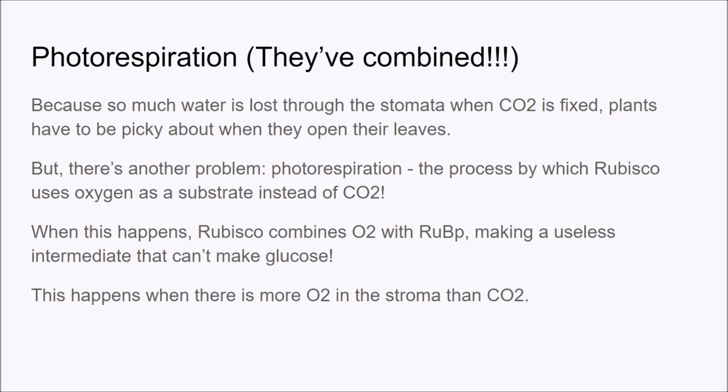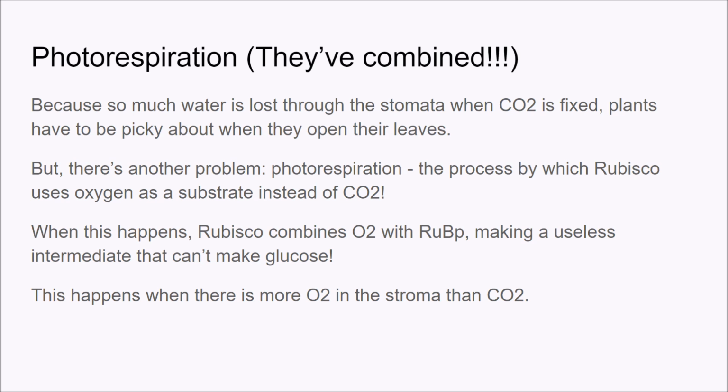Now, why would this happen? This happens because there's not enough CO2 close enough to rubisco for it to actually add onto RuBP. So when the plants are sitting tight and can't afford to lose a lot of water, there is more oxygen surrounding their palisade mesophyll cells and their chlorophyll than there is CO2. Because of that, rubisco is going to grab the first thing it sees, which is probably going to be oxygen.